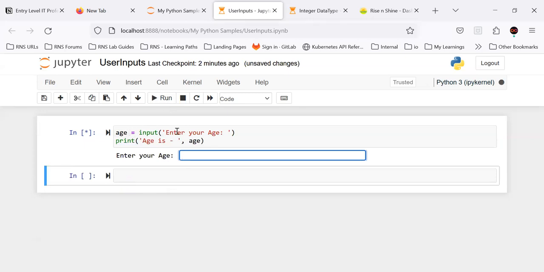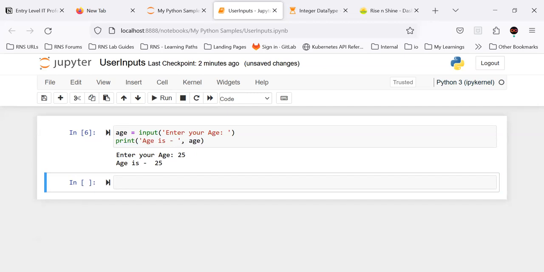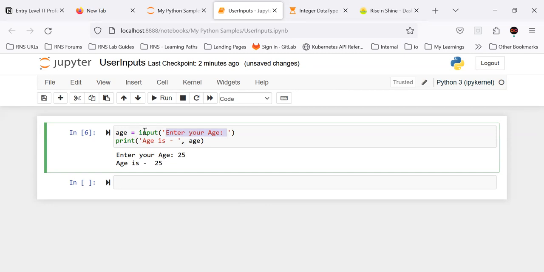Yeah, now see the same message, the output is the same, but now it has been reduced to 2 lines. But here the point is, how do you know about it? My input function has the argument. So if we just observe, the input function has that argument, right? You can pass that message to the input.